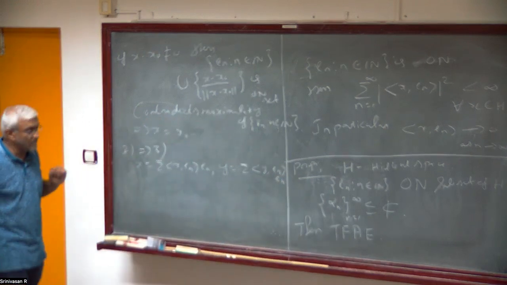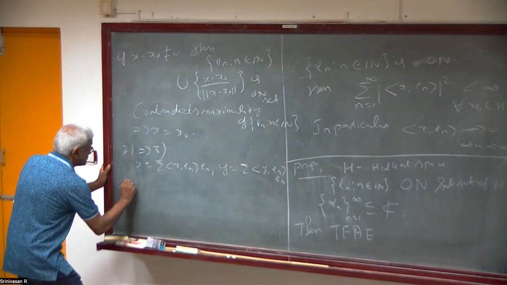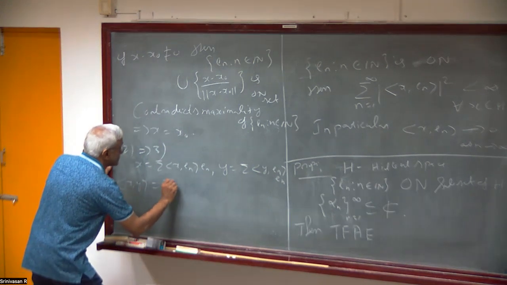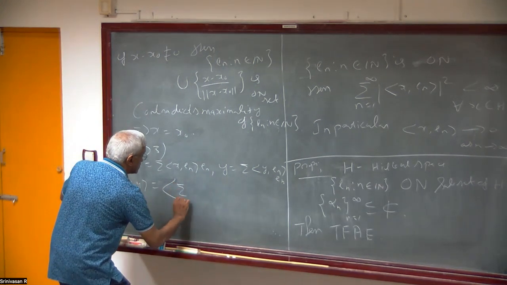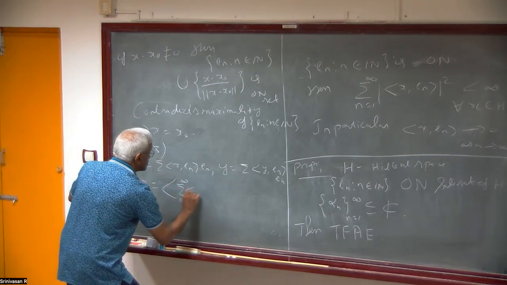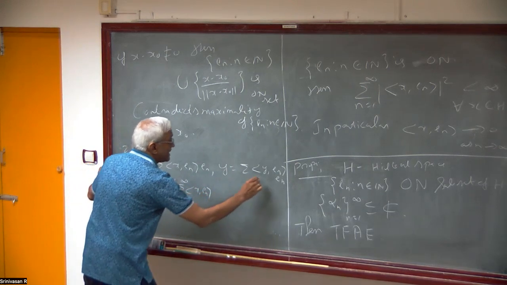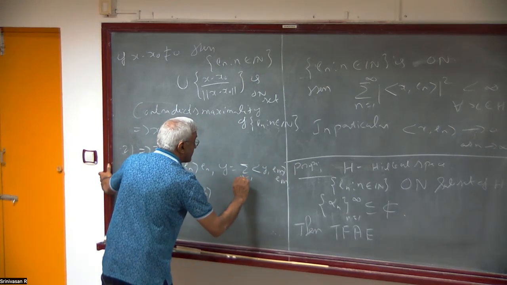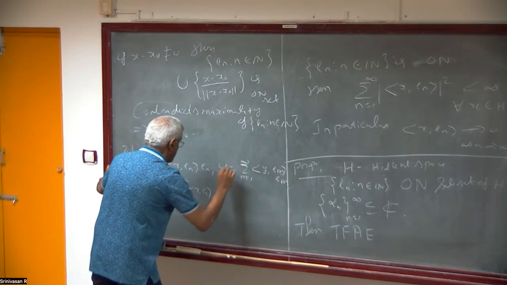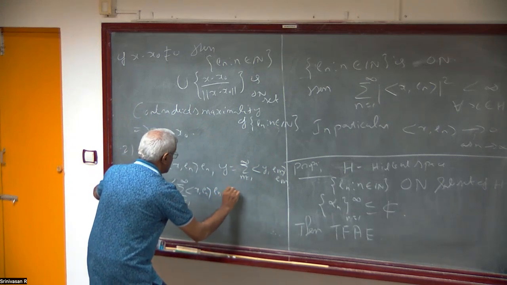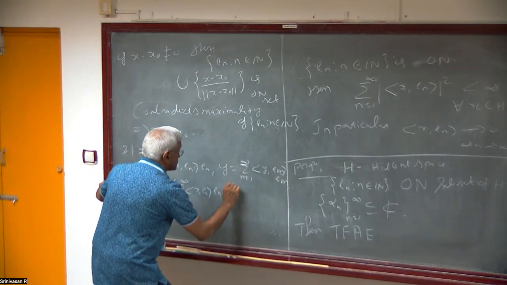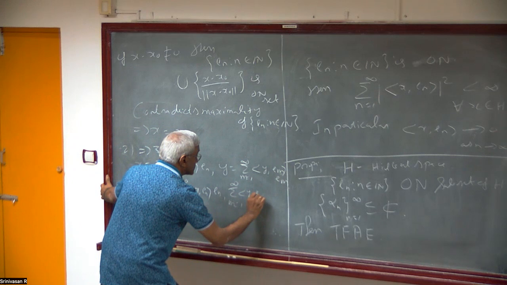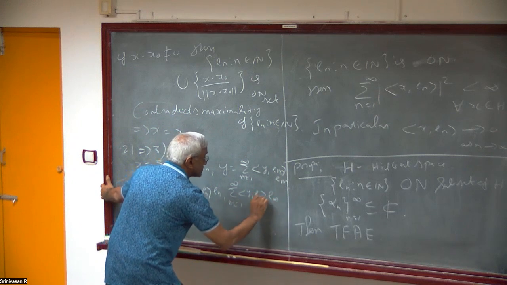Now you take the inner product between them, x, y. Maybe here m. Okay.